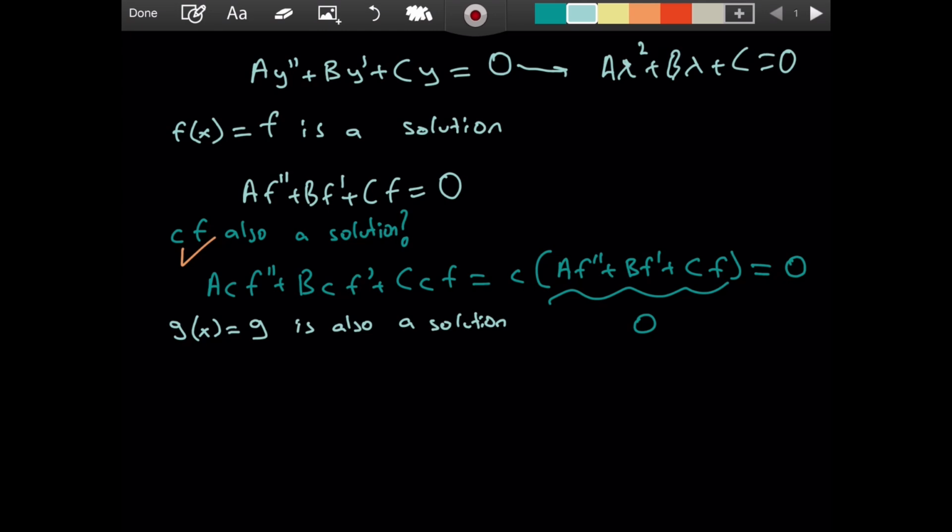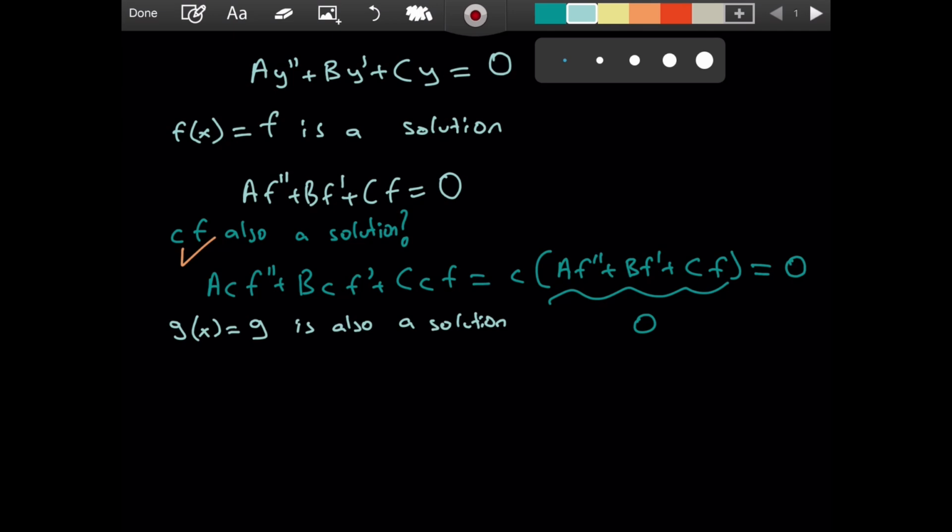And this is a quadratic, so it can have two solutions. That's why it makes sense that we consider two solutions, f and g, alright? This is a second order equation, so we can have two solutions. And in fact, we have infinitely many solutions. You will see what I'm talking about.